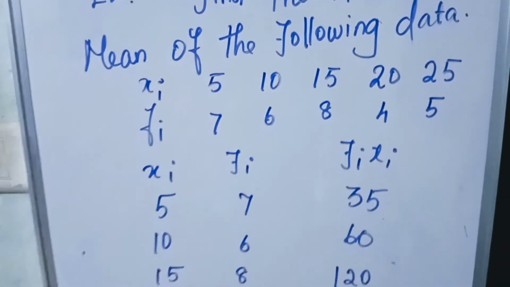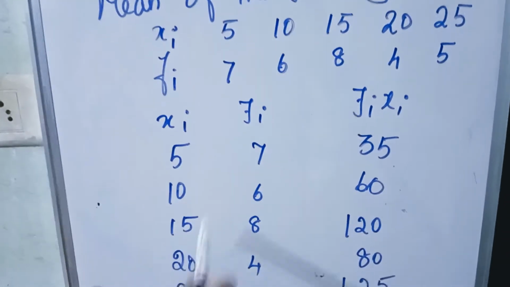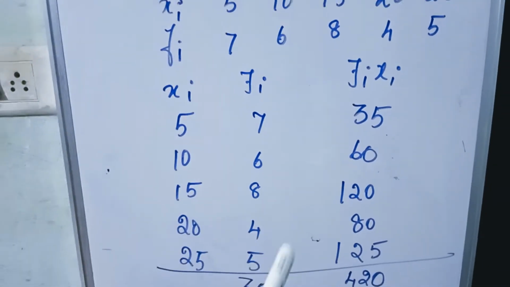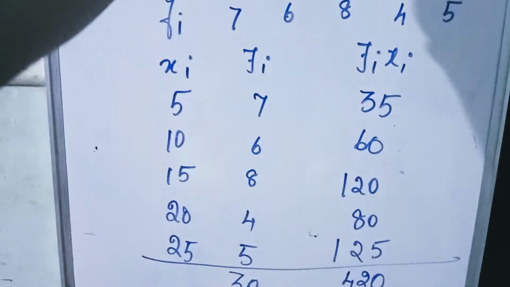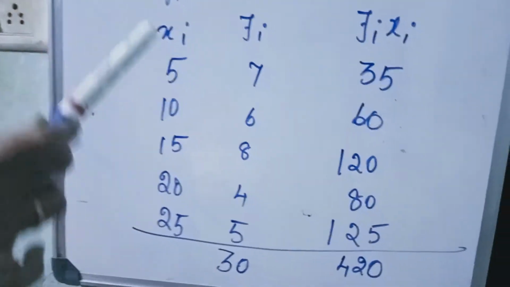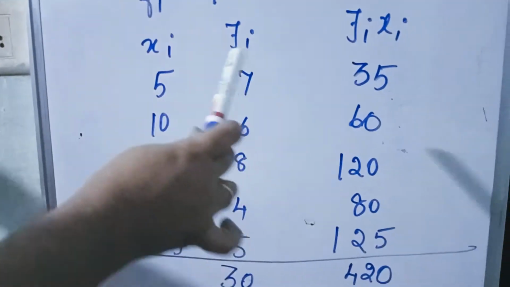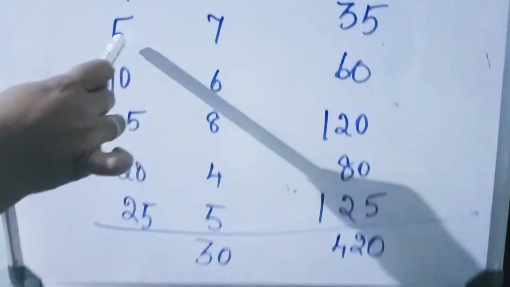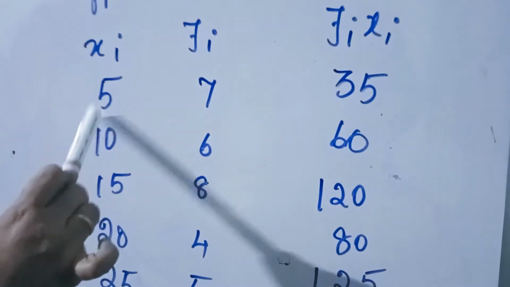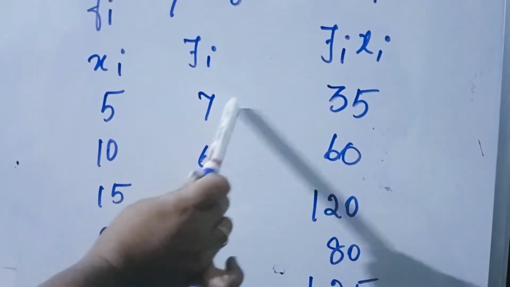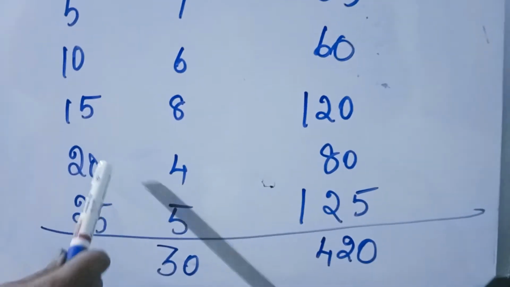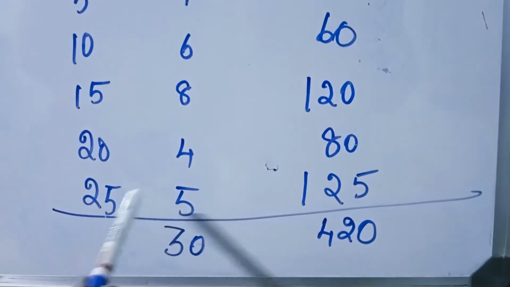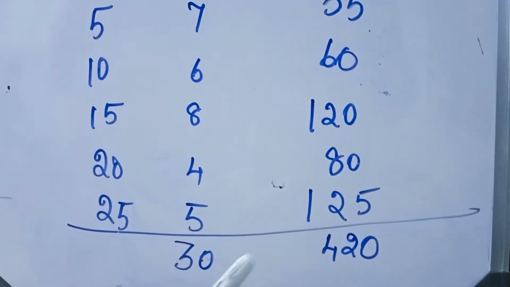Now I am going to make a table: xi value, fi value. Now I am going to find the fi xi value, because we need sigma fi xi. For that, first we find each fi xi value, that means you just multiply xi and fi. 5 7s are 35, 10 6s are 60, 15 into 8 is 120, 20 into 4 is 80 and 25 into 5 is 125.